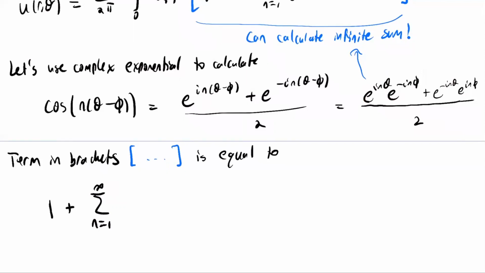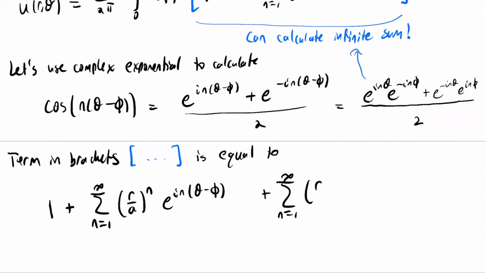The first sum is the sum from n equals 1 to infinity of r over a to the n times e to the i n times theta minus phi. And then the second term is the sum from n equals 1 to infinity of r over a to the n times e to the minus i n times theta minus phi.